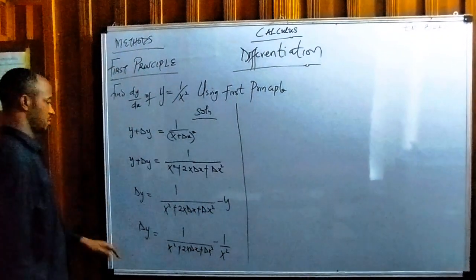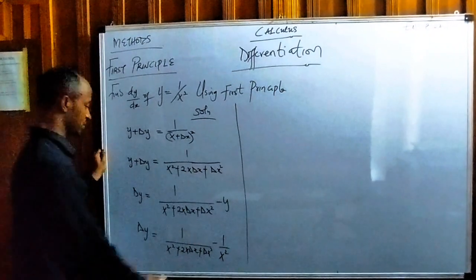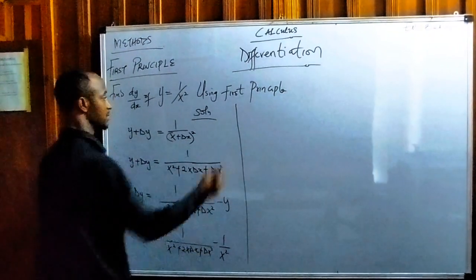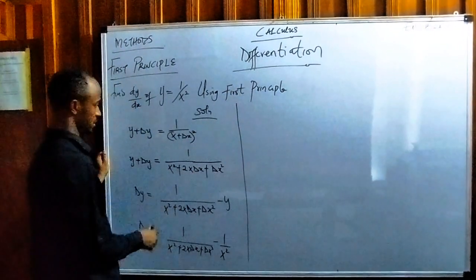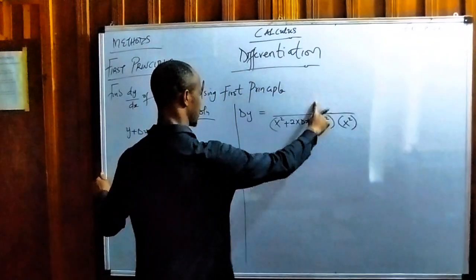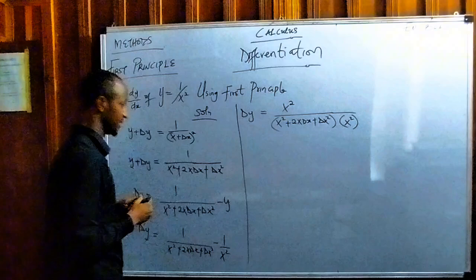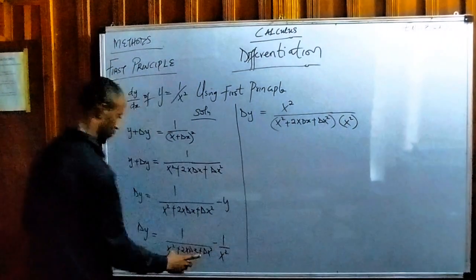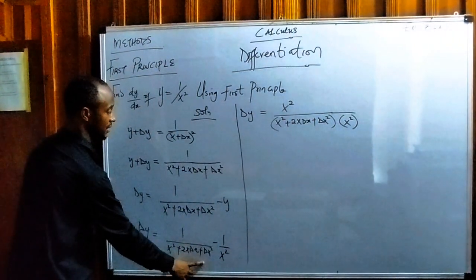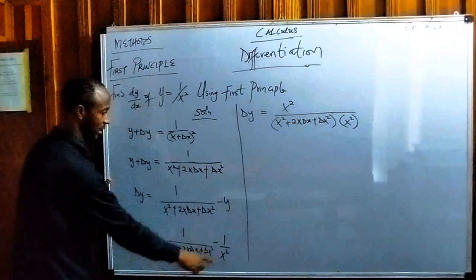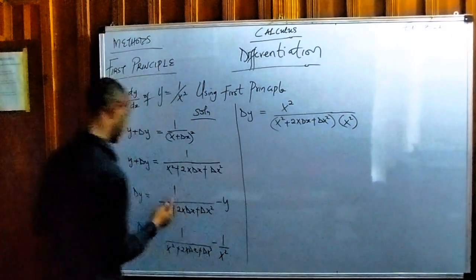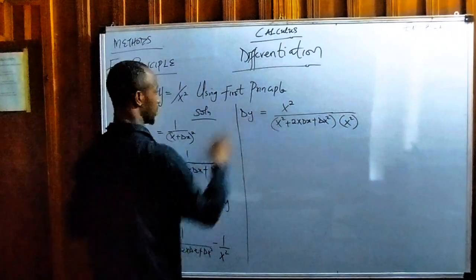Alright, so when we achieve this, we are going to collect our like terms. Our common denominator is going to give us s squared. If you divide the whole of this by this, this cancels this, and we are left with s squared. Then s squared times 1 will give us s squared.